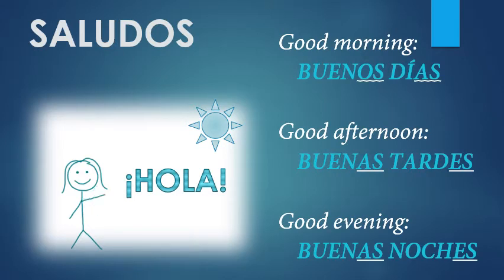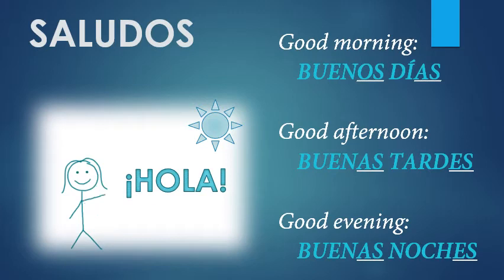Okay, one thing you need to pay attention to here are your endings. Now, when I talked about adjectives, I warned you that the endings of an adjective, like bueno, need to match the noun, both in gender and number. So, you have here buenos días, but buenas tardes.